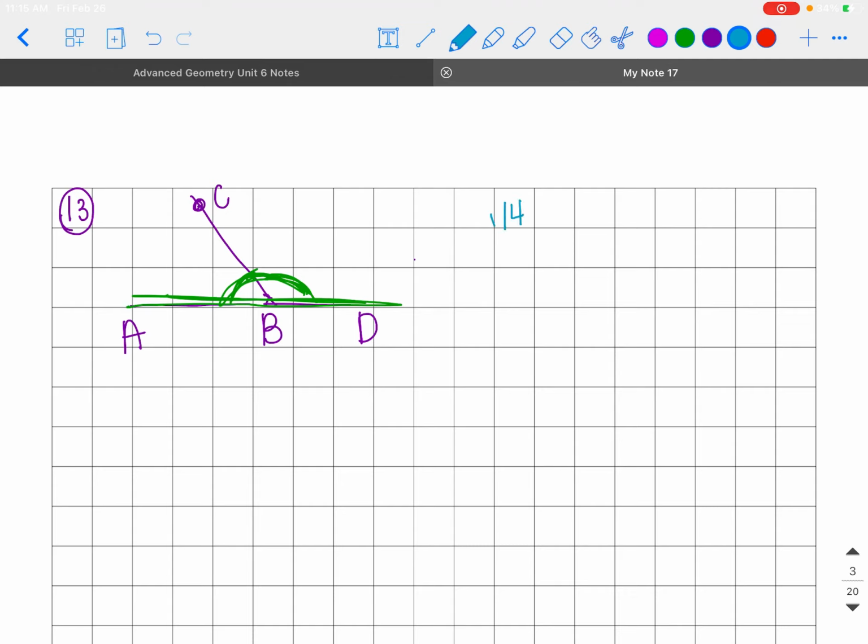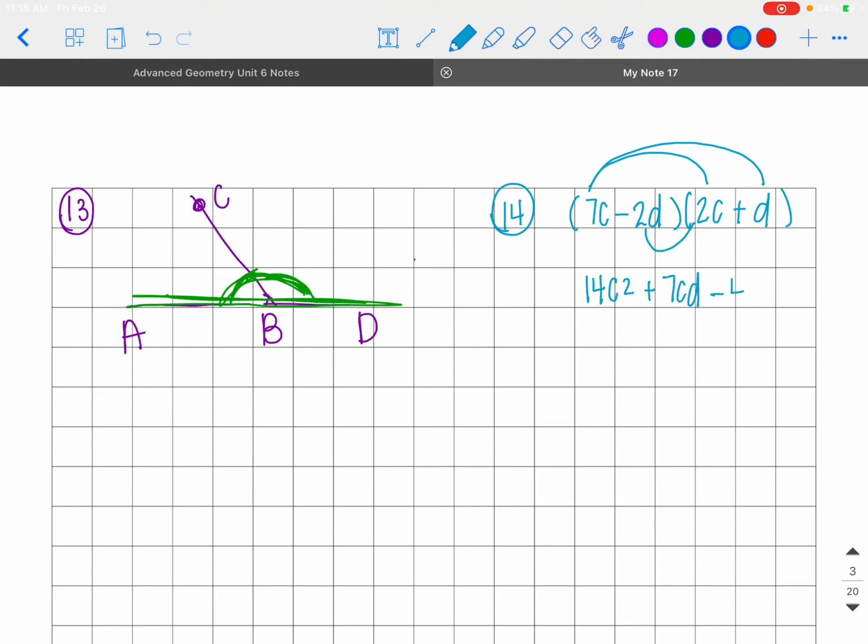Number 14. 7C minus 2D times 2C plus D. All right, when we multiply, we double distribute. 7C times 2C, 14C squared. Multiply those, plus 7CD.